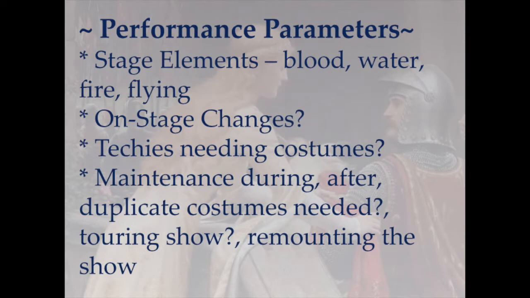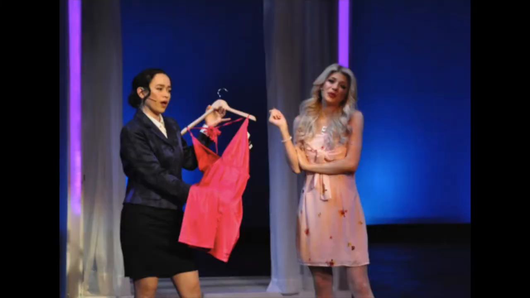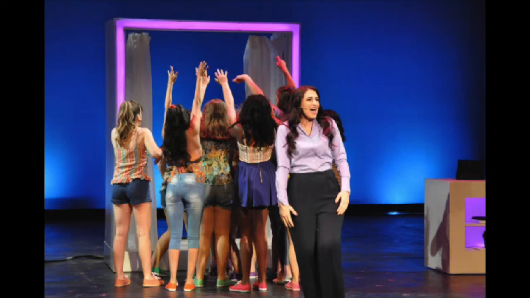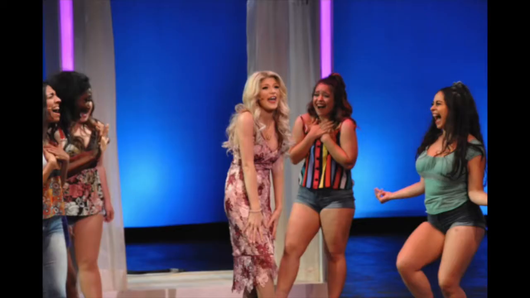On stage changes. For Legally Blonde, there's an on stage change, and it was a dress, we did it here, where it had a quick release, a Velcro in the back, I think, or quick snaps, and the dress needed to just slip right on, and her Delta Nu girls were covering her so she could do the change on stage and then come out of it in her new dress.